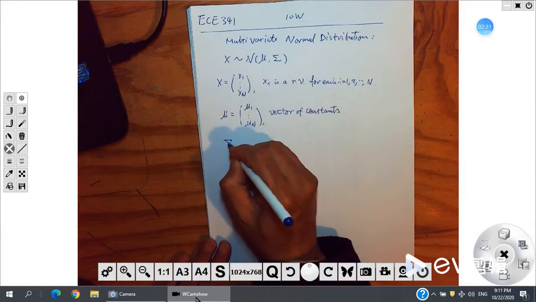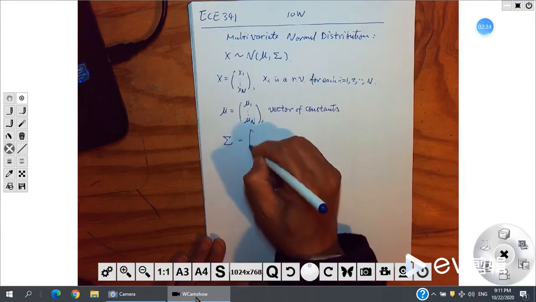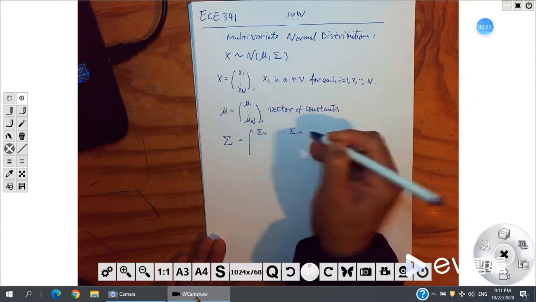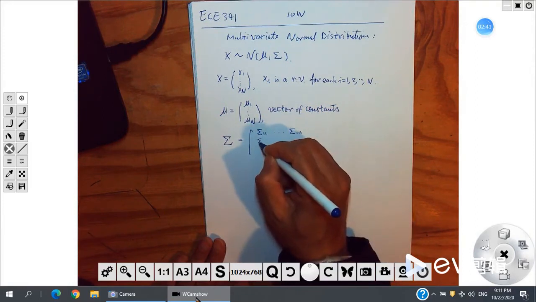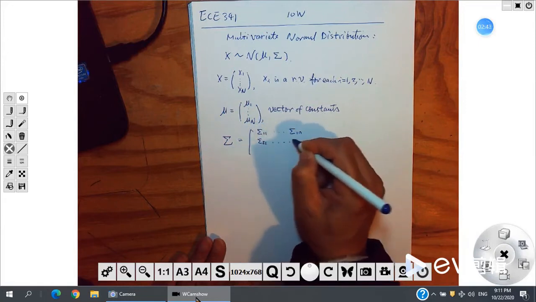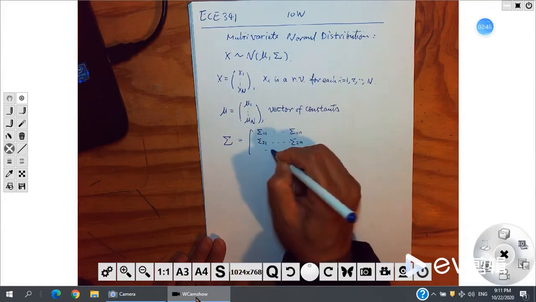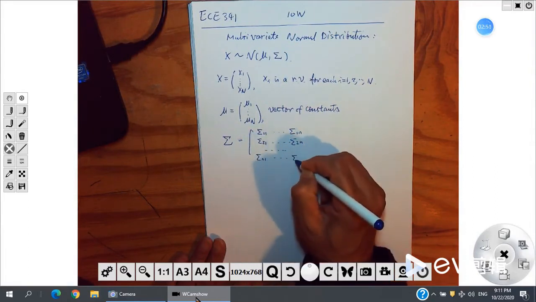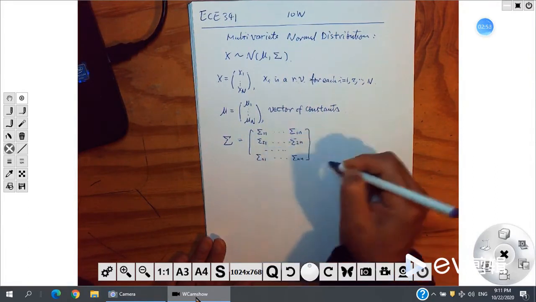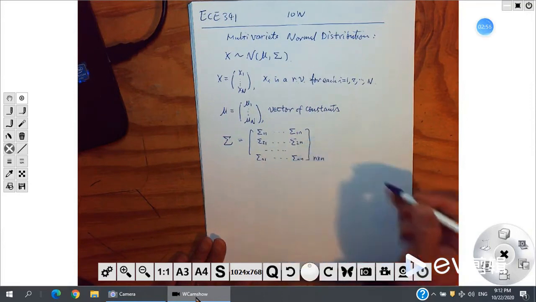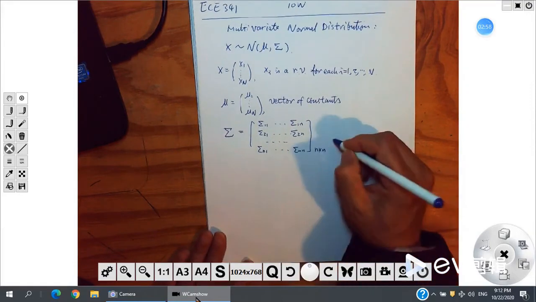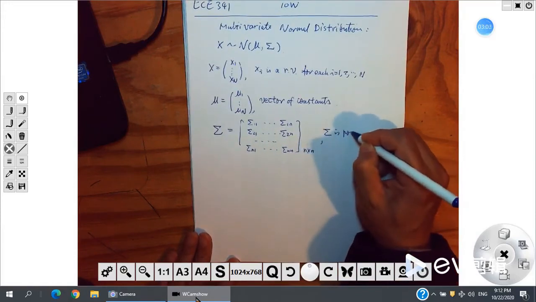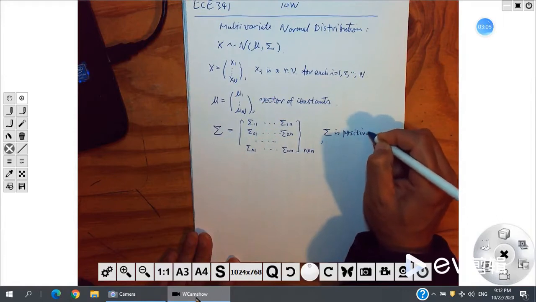And the sigma, it is a matrix. Sigma 11 until sigma 1n, the first row, and the second row, until the nth row. It is an n by n square matrix, and we suppose this one is positive definite.